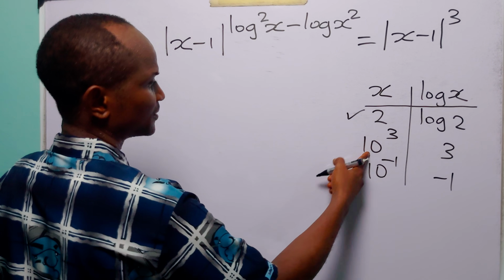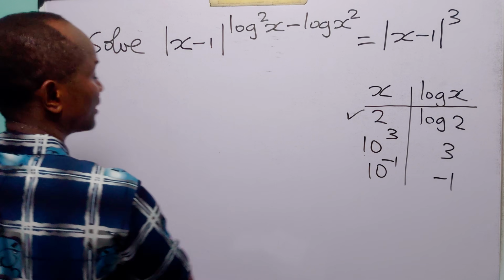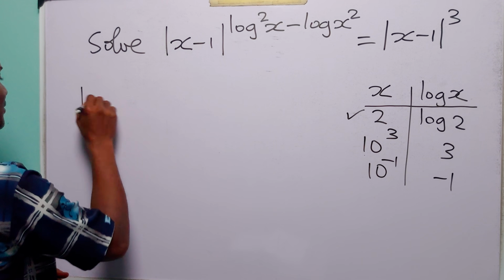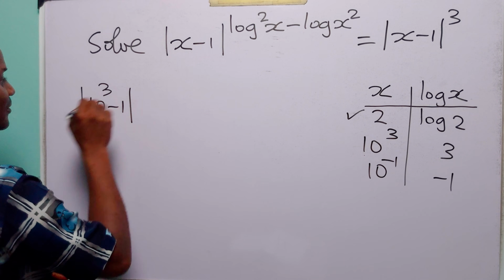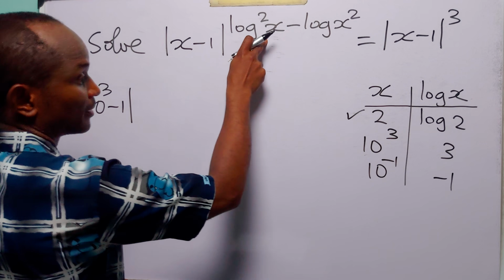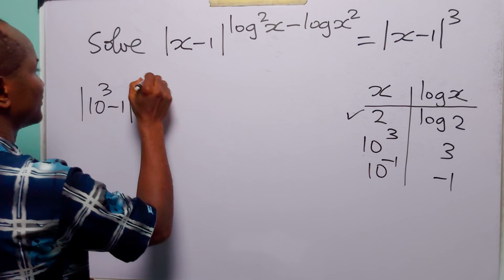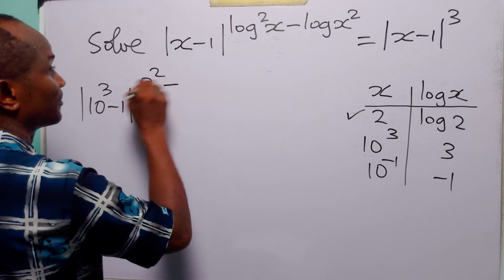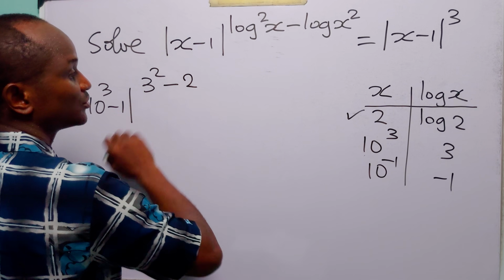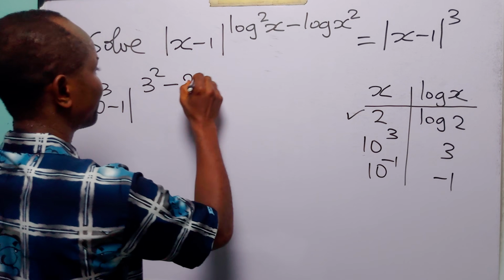When x is equal to 10 to the power 3, we have the absolute value of 10 to the power 3 minus 1 to the power 3 squared minus 2 times 3.